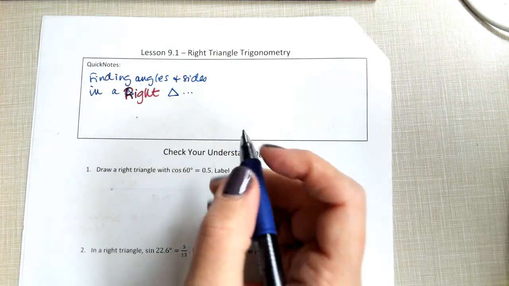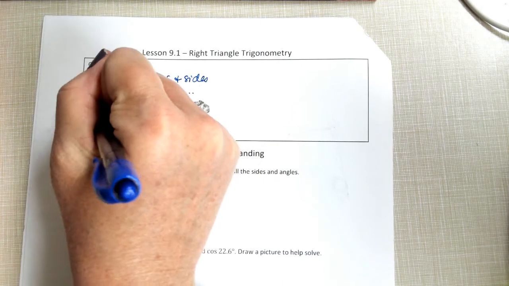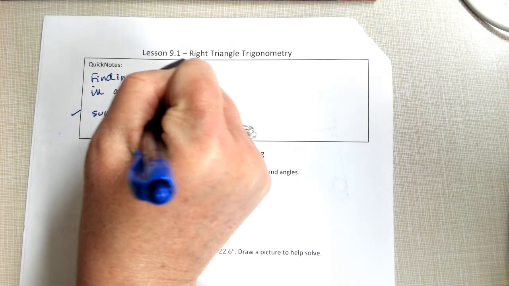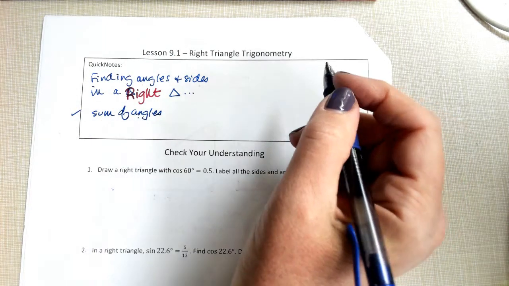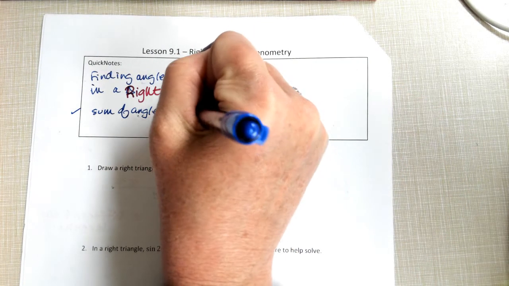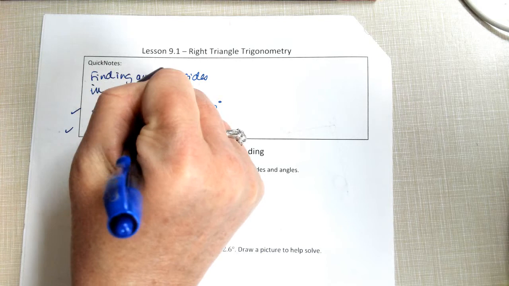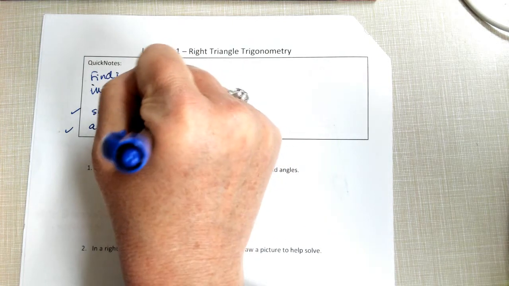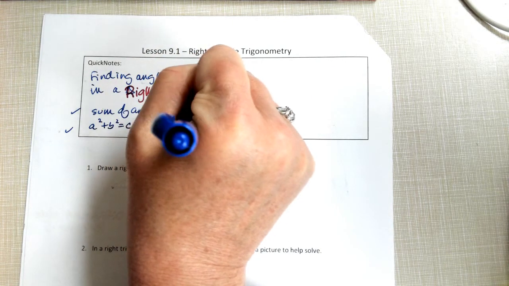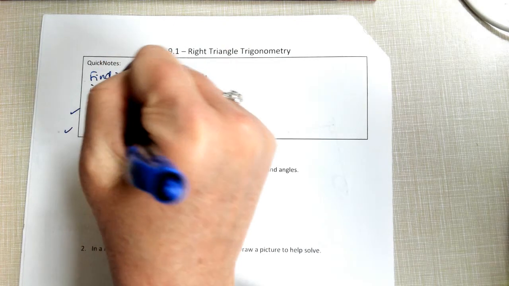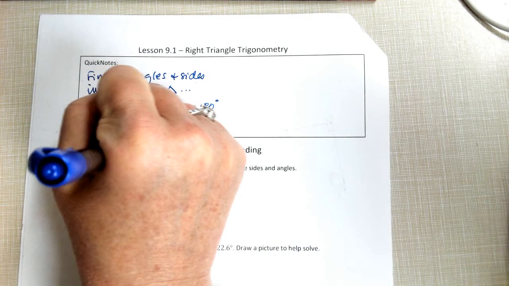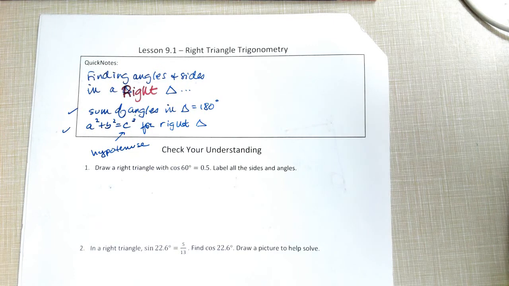We know that the sum of the angles, this is really important, which is the first lesson we learned this year, the sum of the angles in a triangle is 180 degrees. And that a squared plus b squared equals c squared for a right triangle, and c is always the hypotenuse.